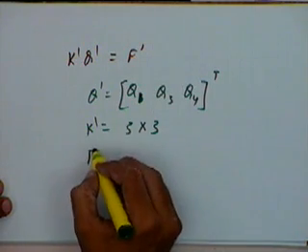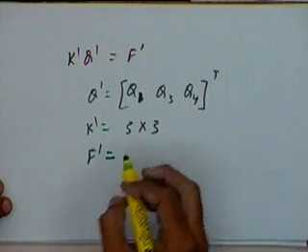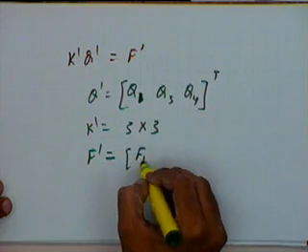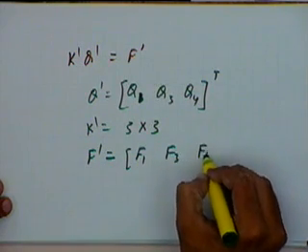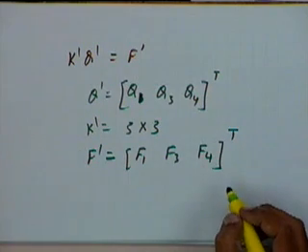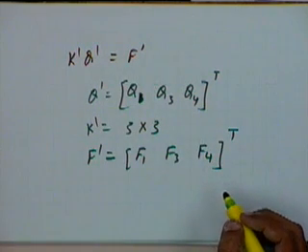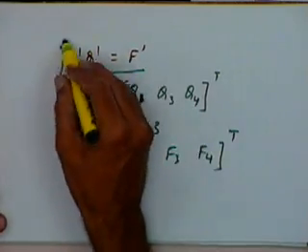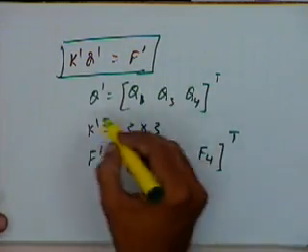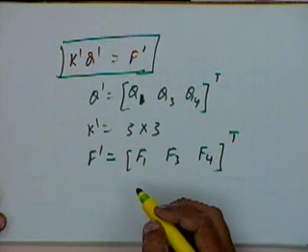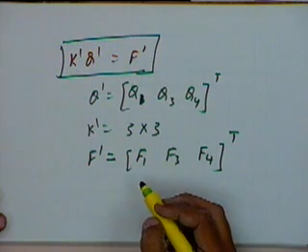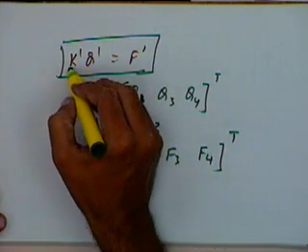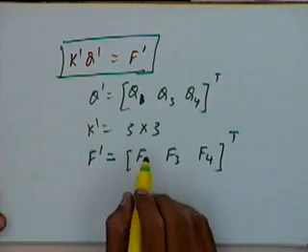Similarly F prime will also contain only 3 elements, which will be F1, F3 and F4. This set of equations can be solved to find the values of the Q's. This will give us 3 equations and 3 variables, and we can solve them to get Q1, Q3 and Q4.